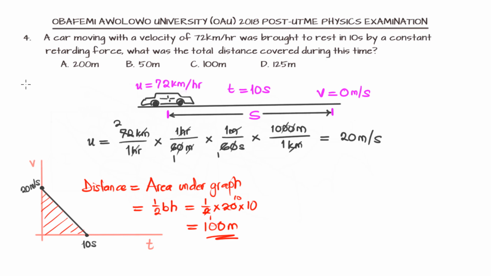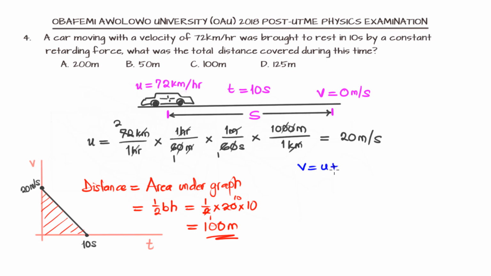Now, alternatively, we can also use the equations of motion to solve this particular question. What equations are useful for us when we have the initial velocity, we know the final velocity is 0, and we are given the time?